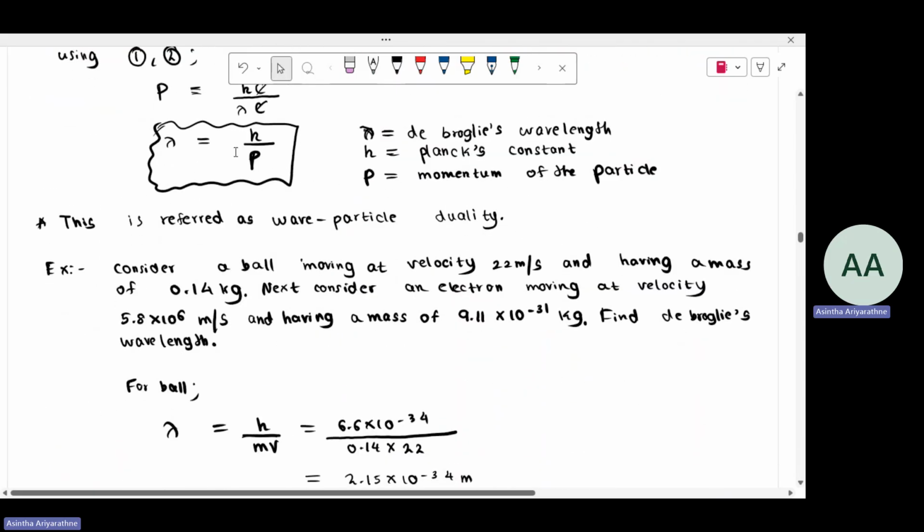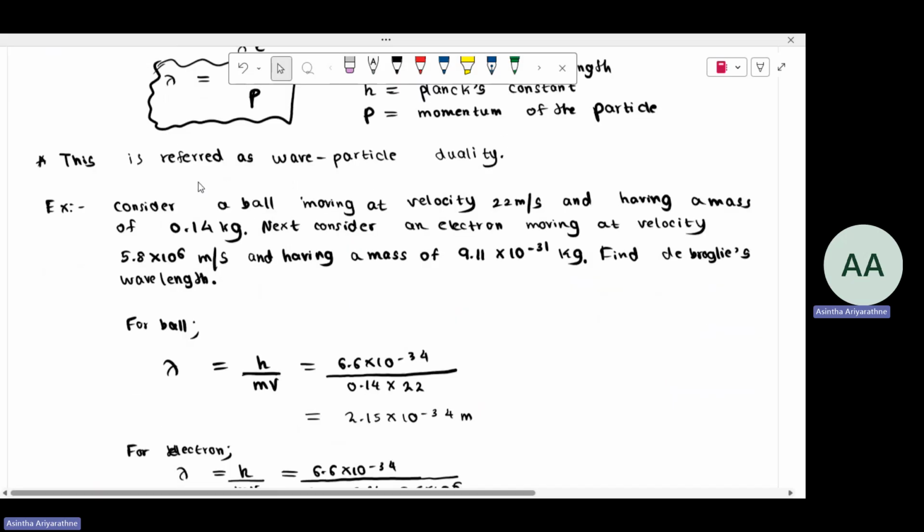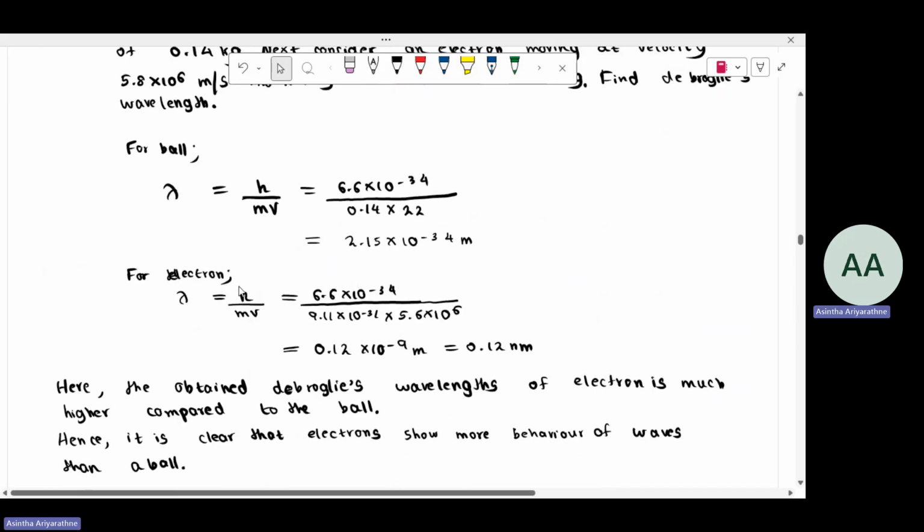Right? So this relation is called wave particle duality, and this lambda is the de Broglie wavelength. Here we got a very small value for the ball's wavelength, which means it shows the least amount of properties related to waves.